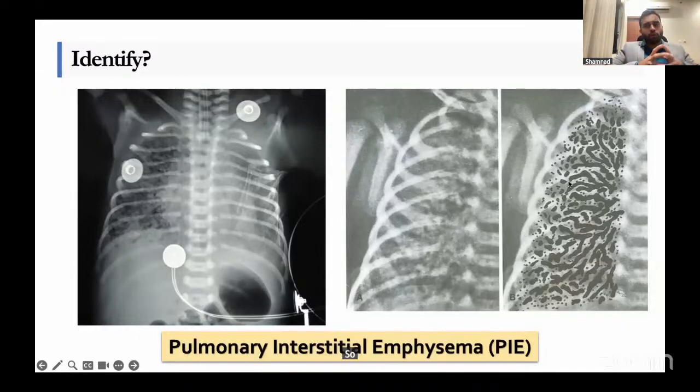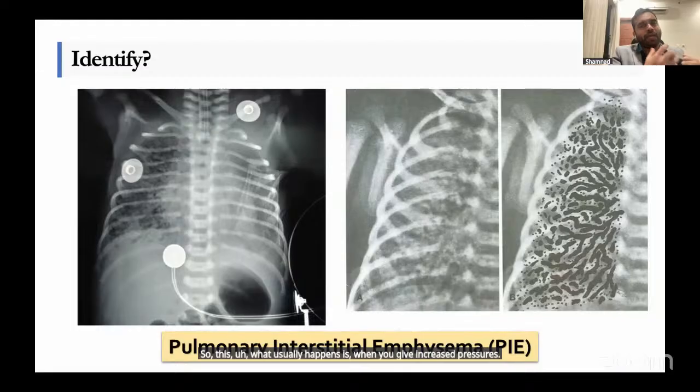What usually happens is, when you give increased pressures, once the air breaks, it can either break outside and cause a pneumothorax, or it can break into the mediastinum and cause a pneumomediastinum.